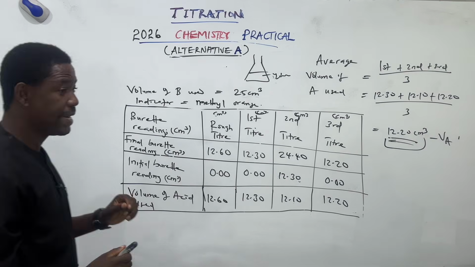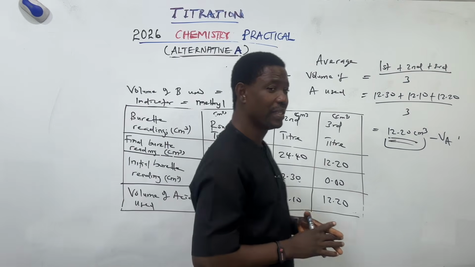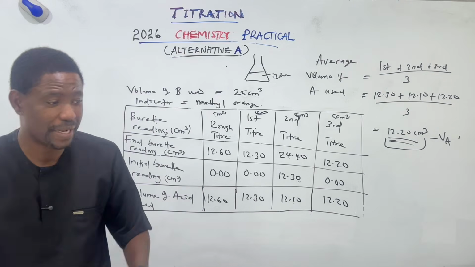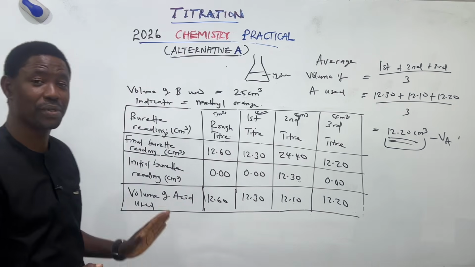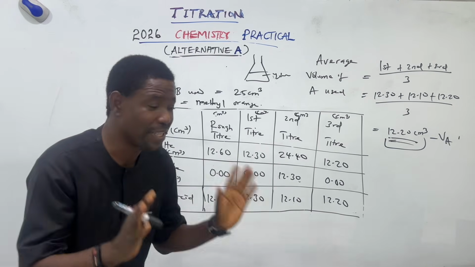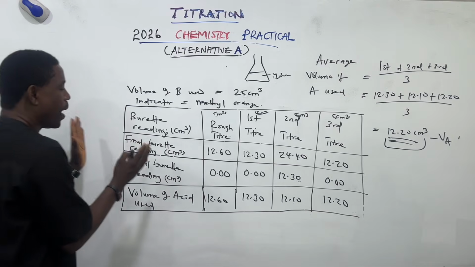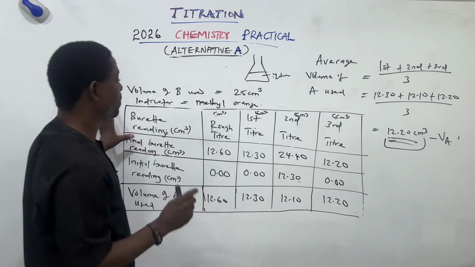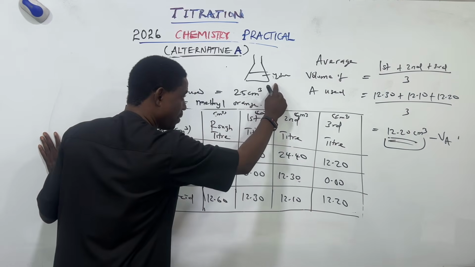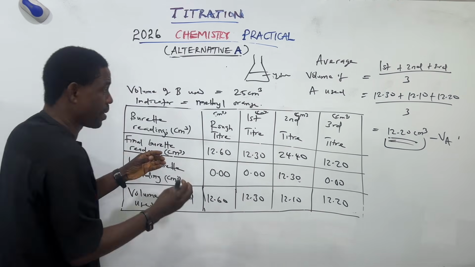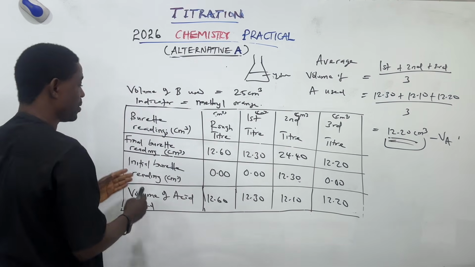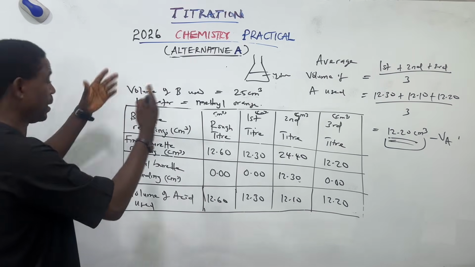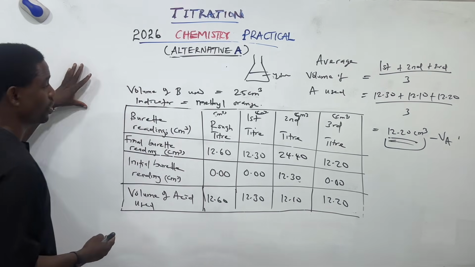On the day that you are carrying out the titration, WAEC will also give your teacher another form. Before the student starts, the teacher goes to one corner and does the titration to get a titer value. WAEC understands that not everybody is going to get the same value, for reasons like the integrity of your chemicals, how good your chemicals are, faulty apparatus, or the technical know-how on how to set up and do the titration.